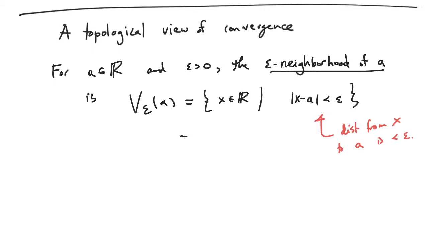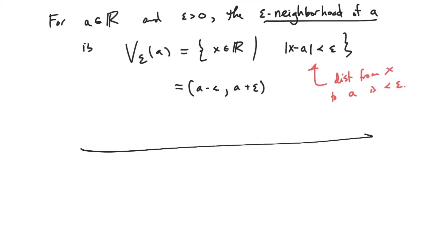Another way, if you like to think in terms of intervals, this set is the same as the open interval A minus epsilon, comma, A plus epsilon. All the points which have distance within epsilon of the number A. Or if you like, you could draw the picture of this on the number line.